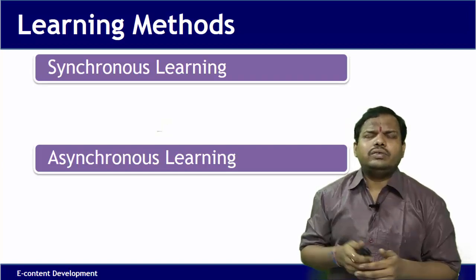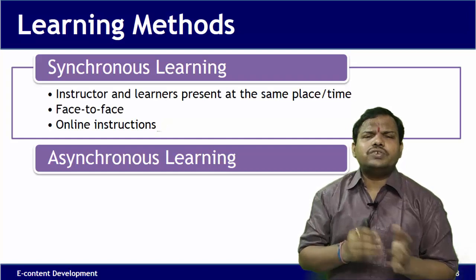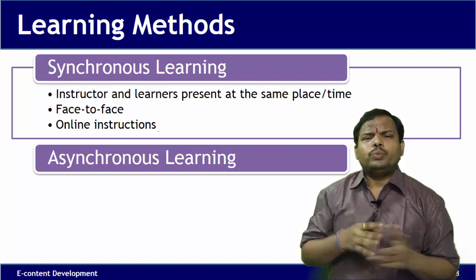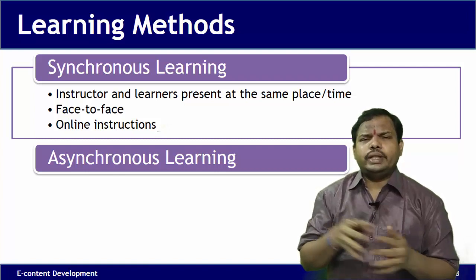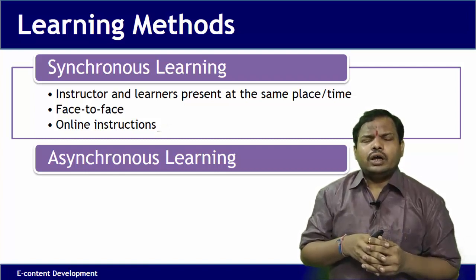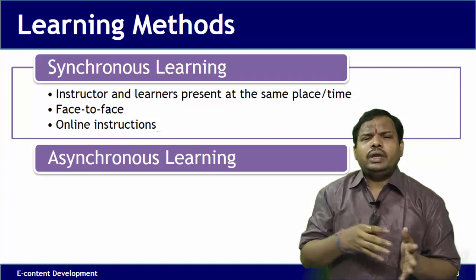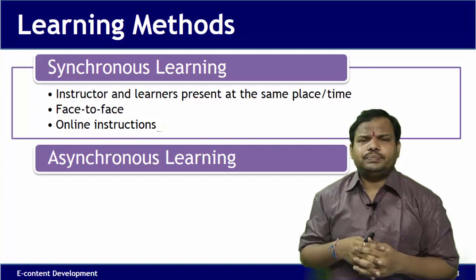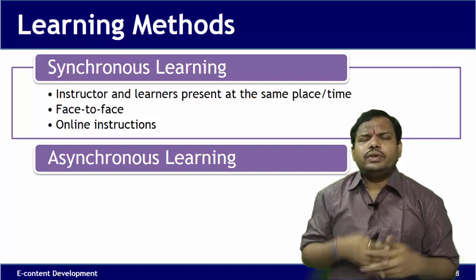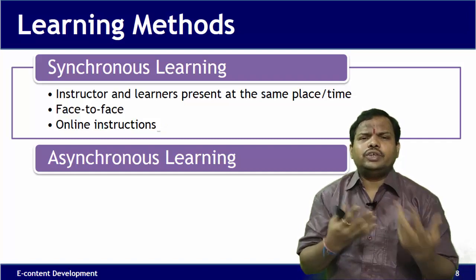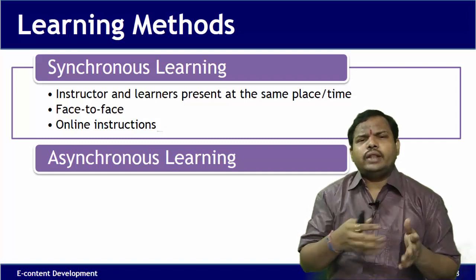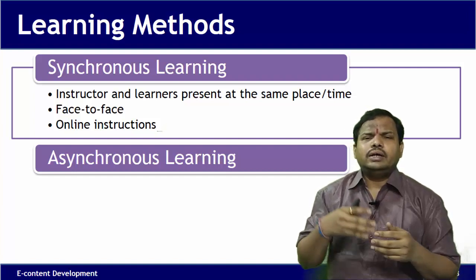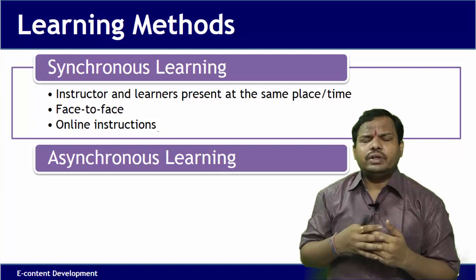Synchronous learning is the learning in which the instructor and the learners are present at the same time. Both the instructors and the learners need to be there at the same time. They can be in the same place, or they can be in different demographic places. If they are in the same place, it is what we usually do, the traditional face-to-face teaching, where the learner and the instructors are both at the same place, and the instructors can interact with the learners.